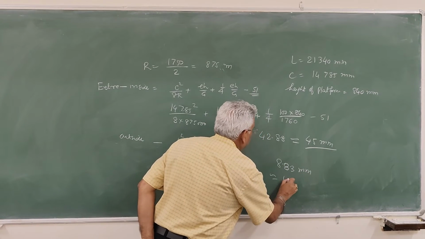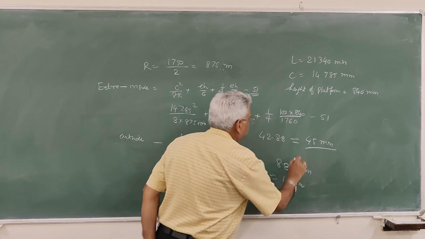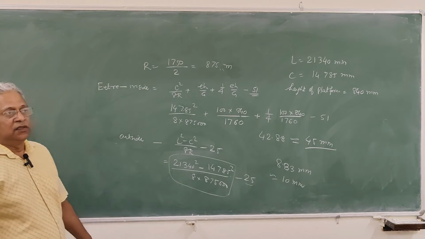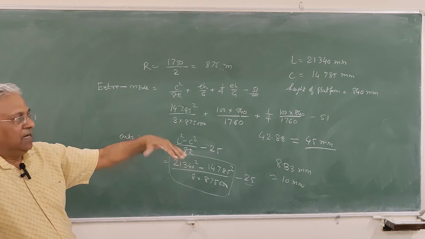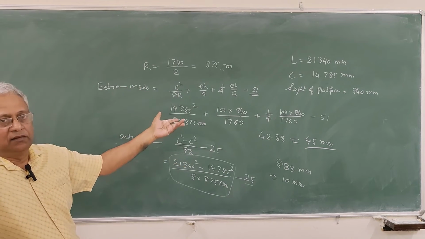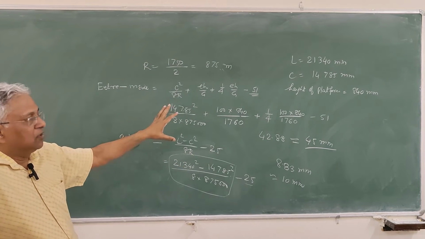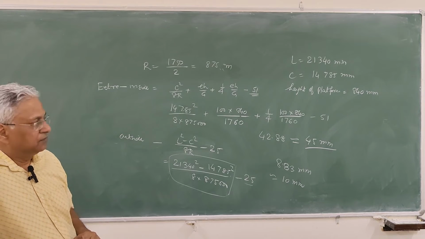Let us say 10 millimeter. So this is 45 millimeter inside and 10 millimeter outside. That is the clearance required for two platforms.